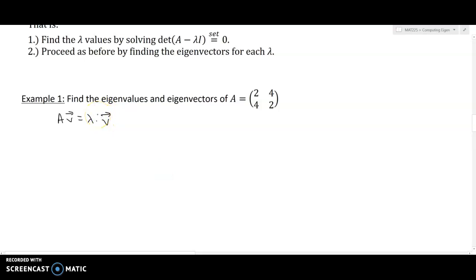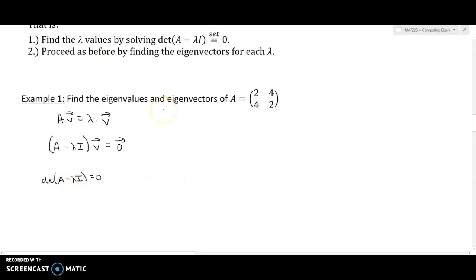We rearranged this already as A minus lambda I times v is equal to the 0 vector. What we need to find is what lambda should be so that the determinant of A minus lambda I is equal to 0.